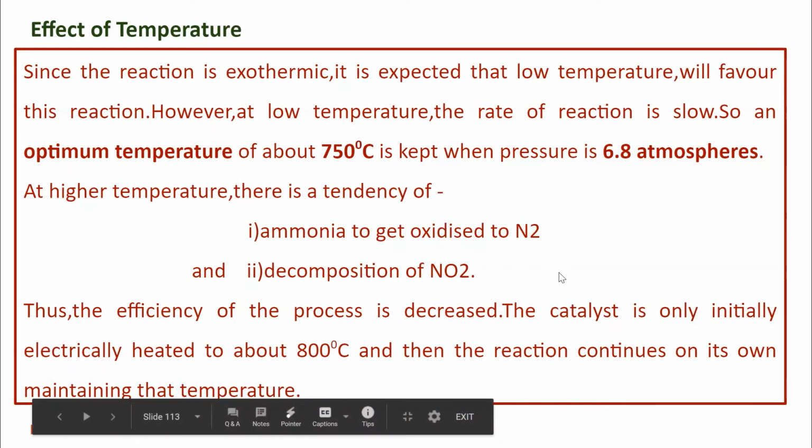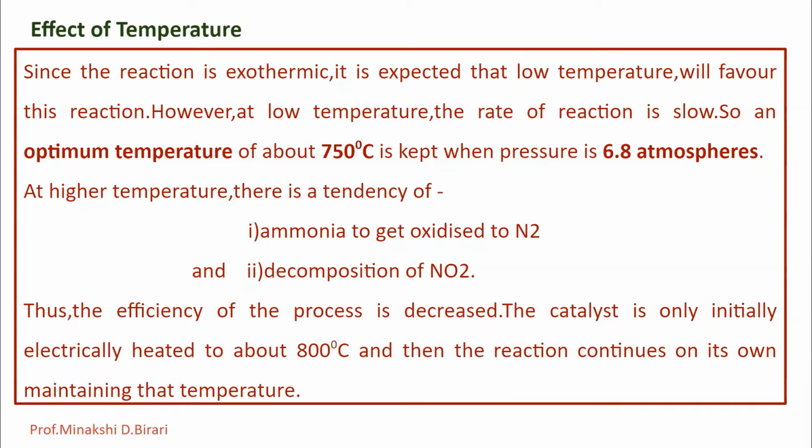The catalyst is only initially electrically heated to about 800 degrees Celsius and then the reaction continues on its own, maintaining that temperature. So, when we consider the first important step in the manufacture of nitric acid, that is oxidation of NH3 to NO, the main reaction as well as all the side reactions are exothermic. Hence, low temperature should be used to obtain better yield of NO.